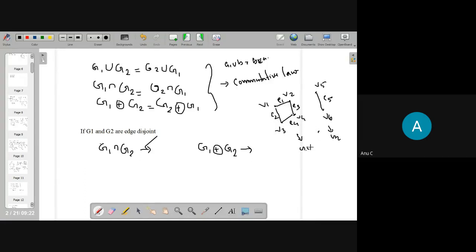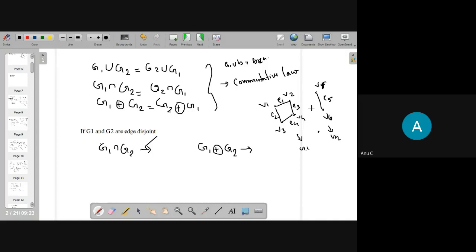Then G1 intersection G2 gives ഒന്നും ഉണ്ടാവില്ലല്ലോ. empty ആണോ null graph ആണോ? G1 intersection G2 means common vertices and common edges.